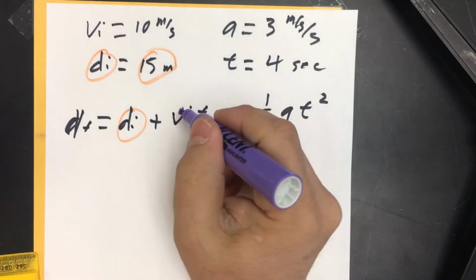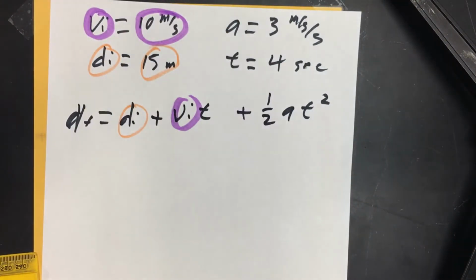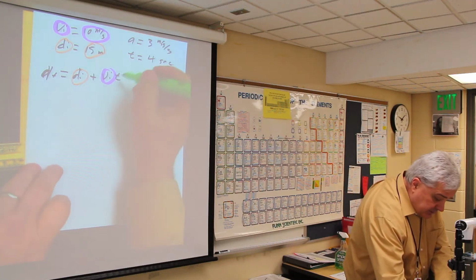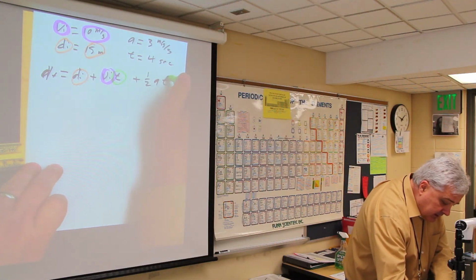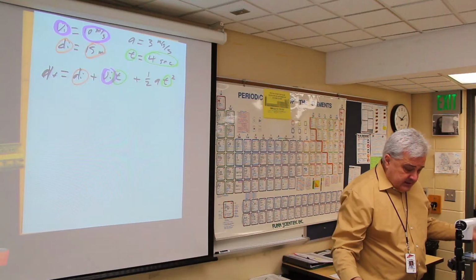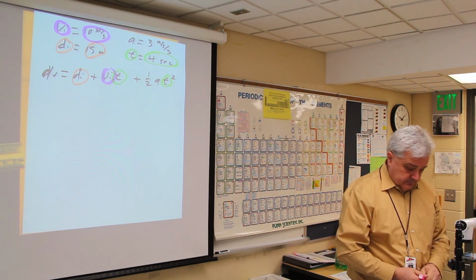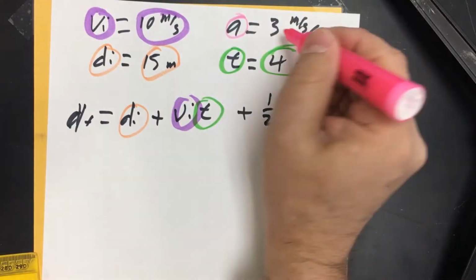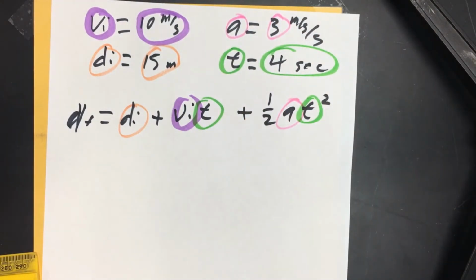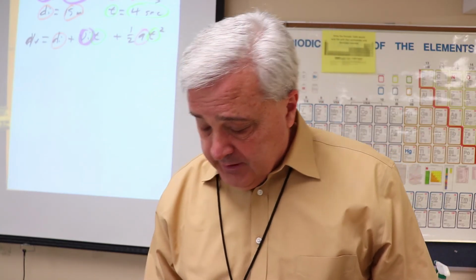Where's my v sub i? Here's a v sub i, here's a v sub i, and there's the number that's going to go in for v sub i. T appears in two places, and acceleration is there. Half is constant. So I'm going to plug the numbers in now: simple plug in and solve.